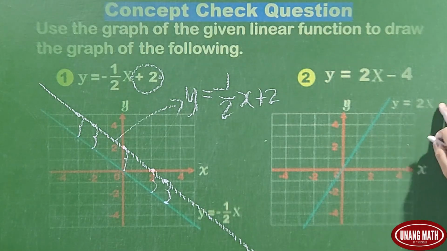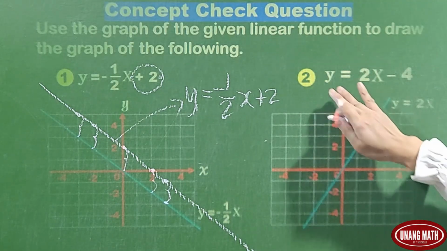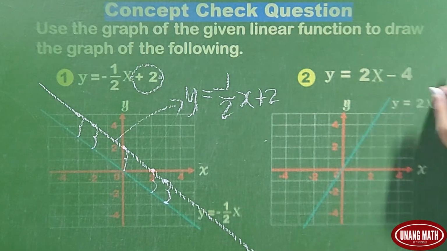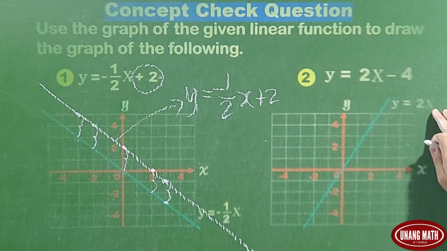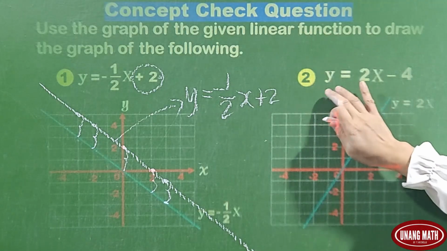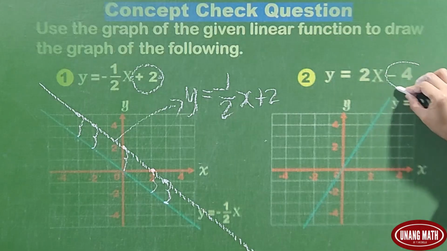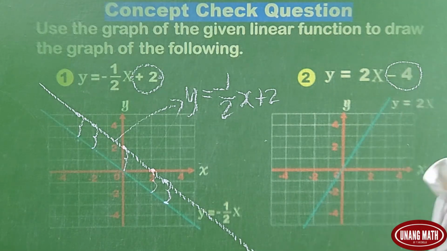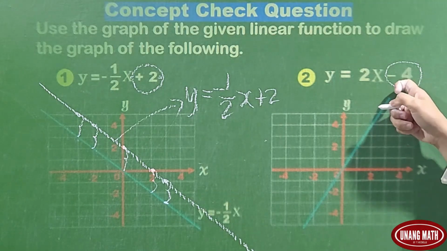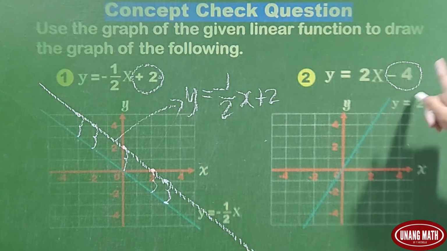Okay, what about in this second function? So we have here y is equal to 2x minus 4. We will use the graph of y is equal to 2x to draw the graph of y is equal to 2x minus 4. So the value of b here is -4. And since this is negative, then our movement is going down 4 units.